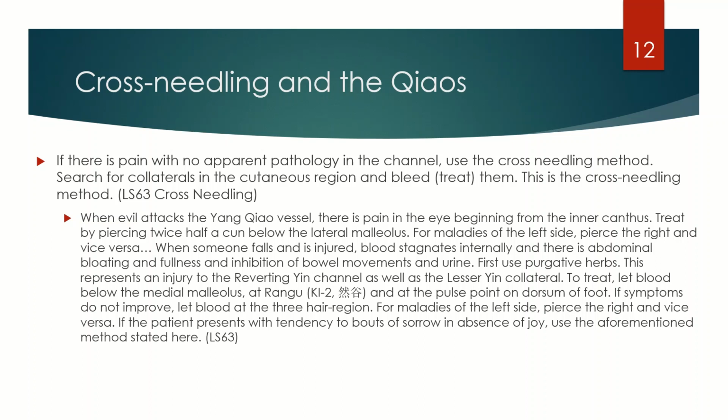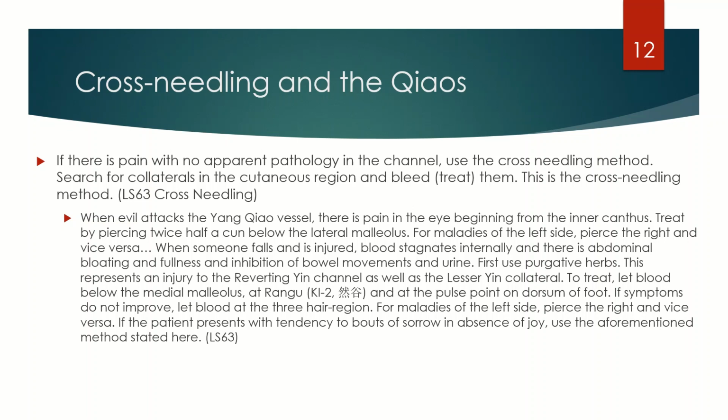So a lot of times people just say, okay, this is just talking about using Rangu and Zhongfeng that I just mentioned, and then Sanmao, or the 3 hair region. But in my opinion, it's also saying that it should be using Zhaohai, or kidney 6, because it says to treat, let blood below the medial malleolus.